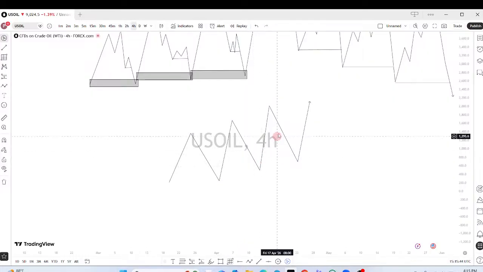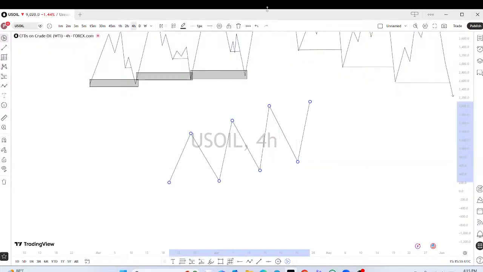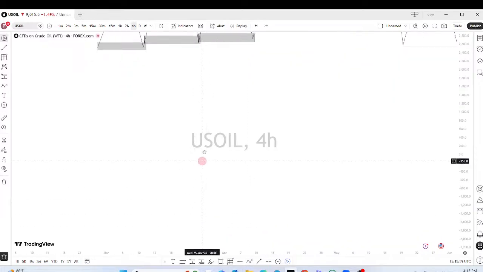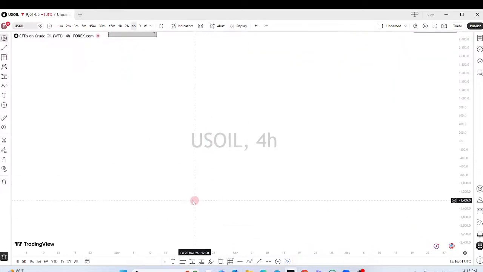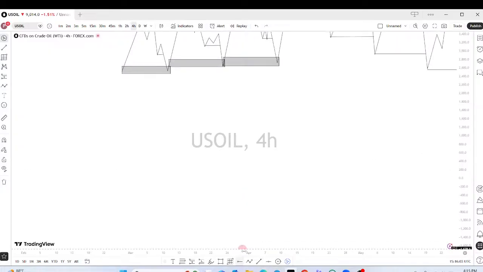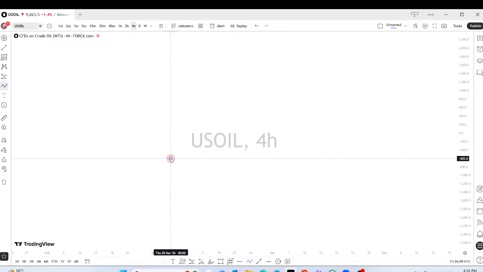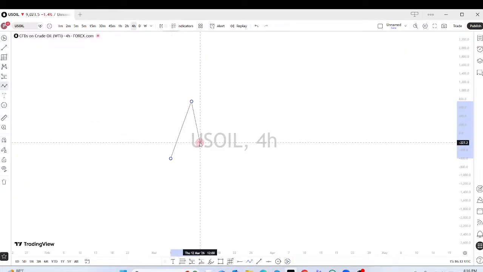If you go down, you might see something like this on the higher time frame, but there's structural liquidity happening around here. This order block, once you see price giving you something like this, if you see this movement like this, sorry, if you see something like this.